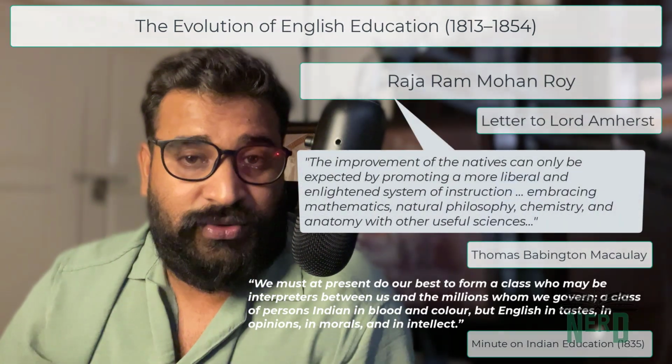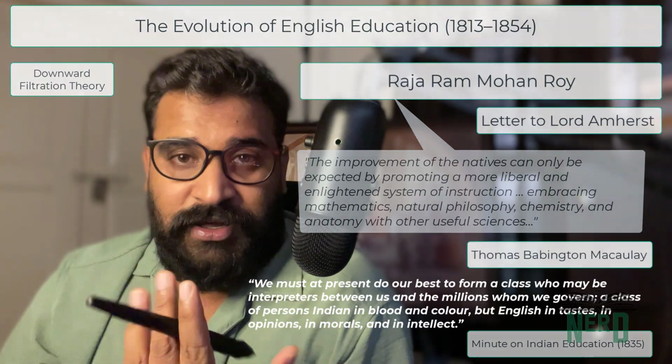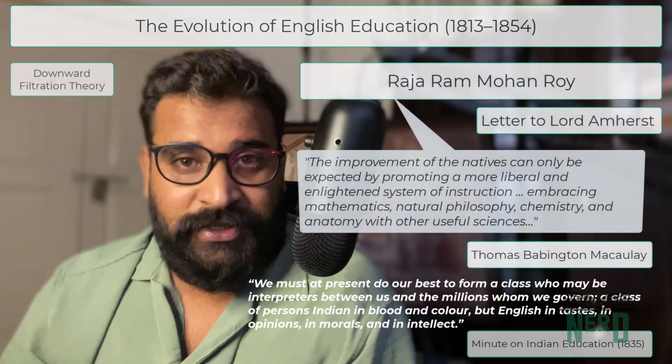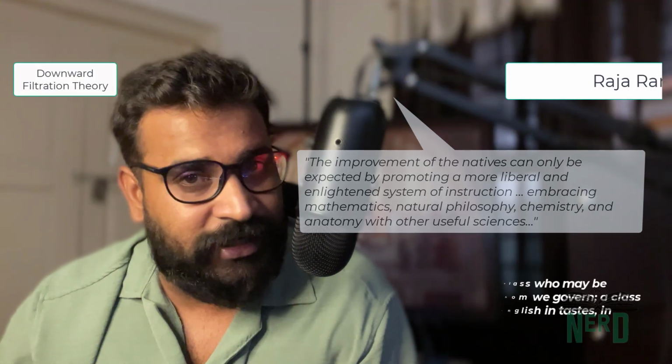This gave rise to the downward filtration theory. Very important for your exam and for your research also, right? It's like educate a few elites and let them filter knowledge to the rest.